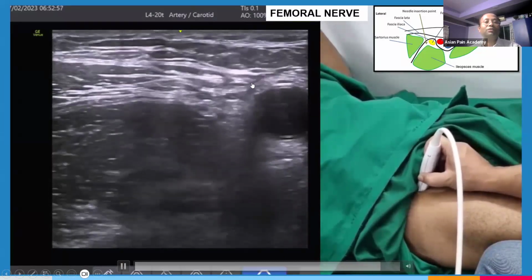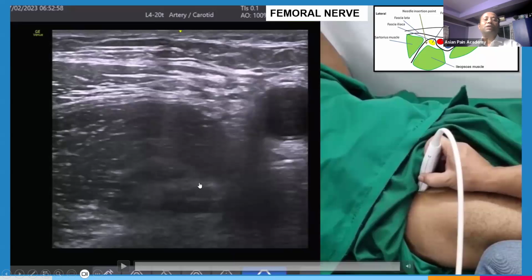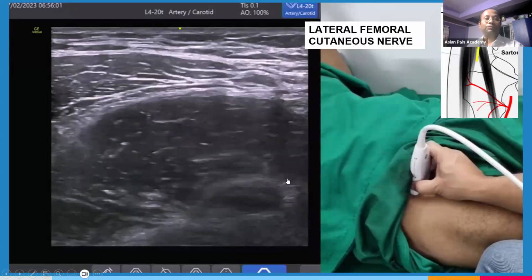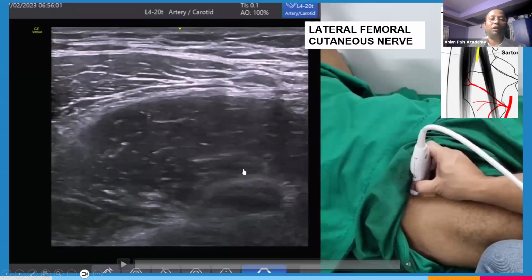It is moving like this. So this one is the genital branch of the genitofemoral nerve. So you should know where to search. Okay. You need a very nice, high quality probe to see this small nerve.